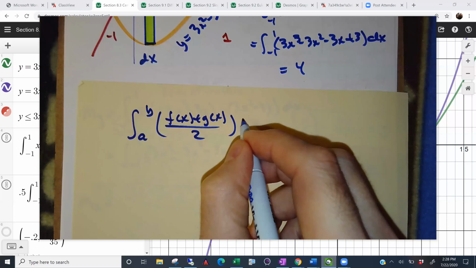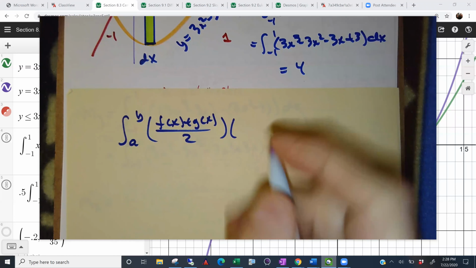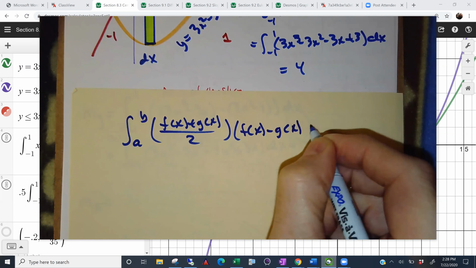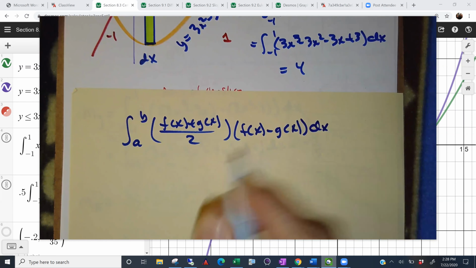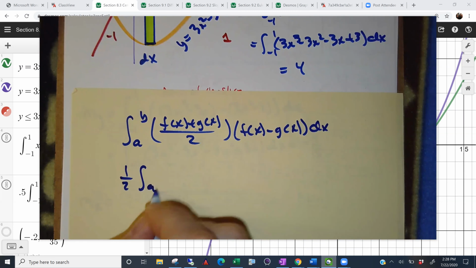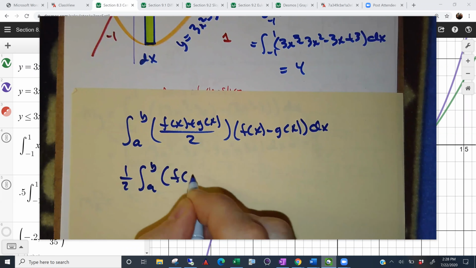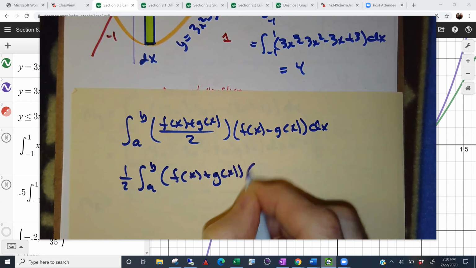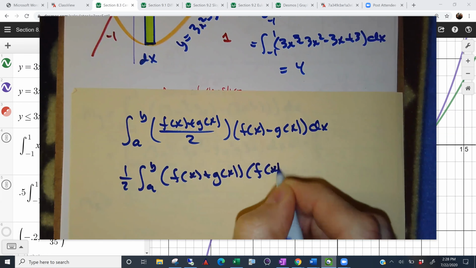You don't have to copy this down. Just copy down the happy ending. The 2 can factor out. So it's 1/2 the integral of f of x plus g of x, and f of x minus g of x.